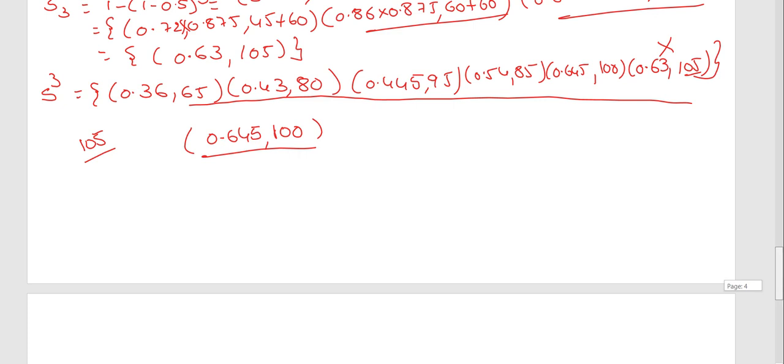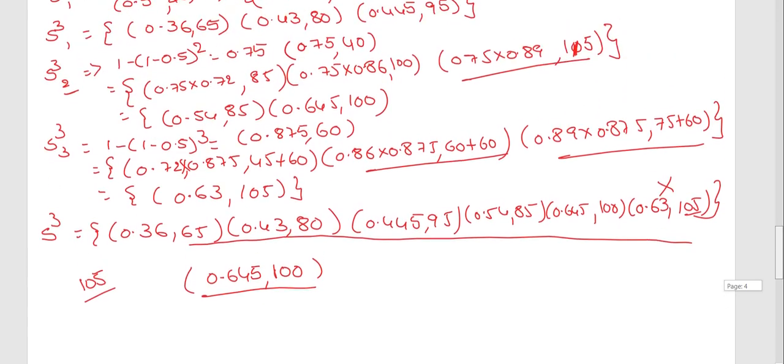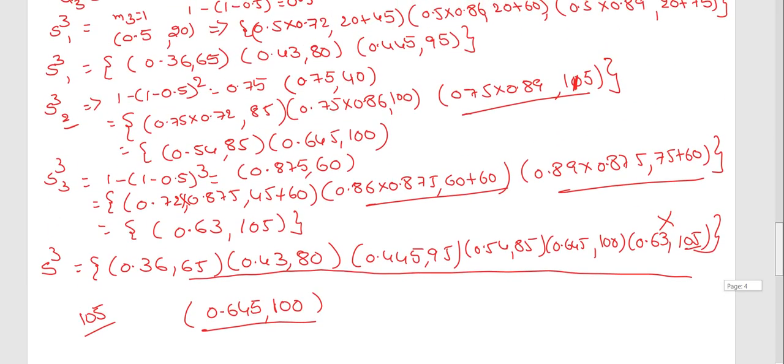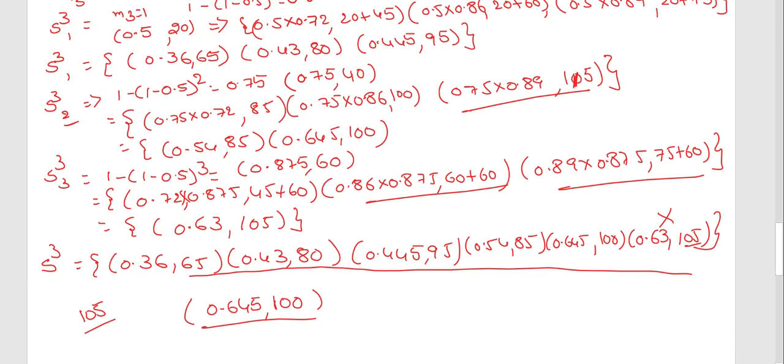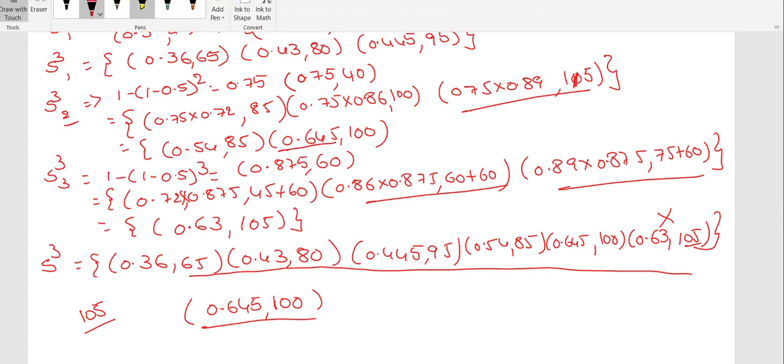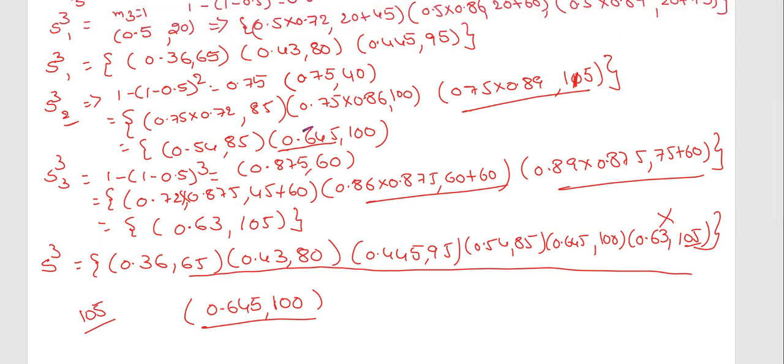Observe stage 3 with 1 copy, with 2 copies and 3 copies. Observe where the pair is present. Here the pair is present. See this one? The pair is present at this position.